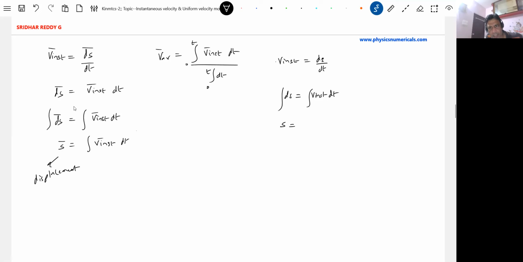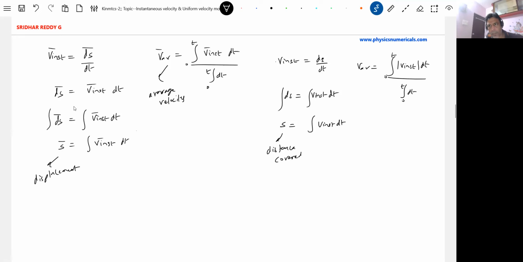This I'll integrate and I'll get the distance covered. Similarly for average speed: this is average velocity, and taking the mod of that will give the average speed.